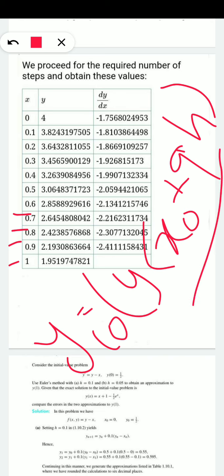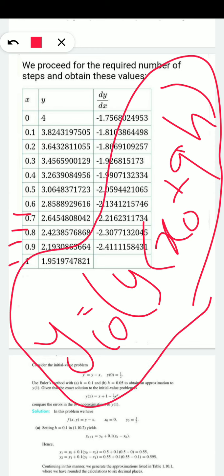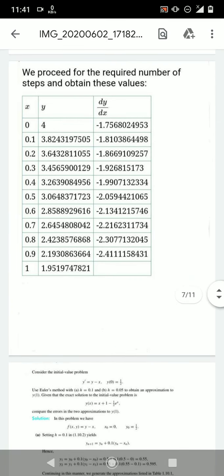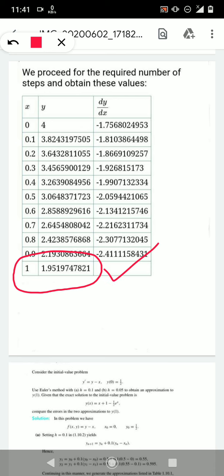So y10 is the function value at the 10th approximation of the equation. After doing all those approximations, we get the answer as 1.951974, etc. This is the approximated solution to the initial value problem.